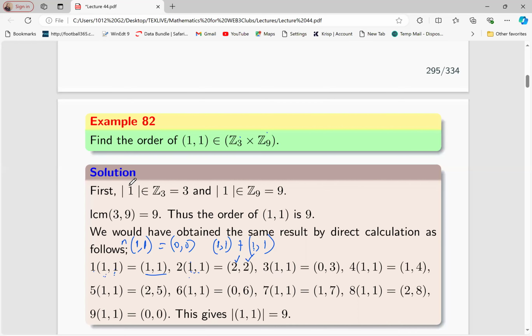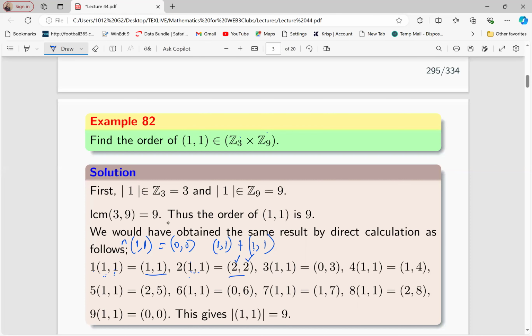1, 1 thrice. So if I just add here 1, 1, these two had already given me 2, 2. Then now I'm adding to that 1, 1.